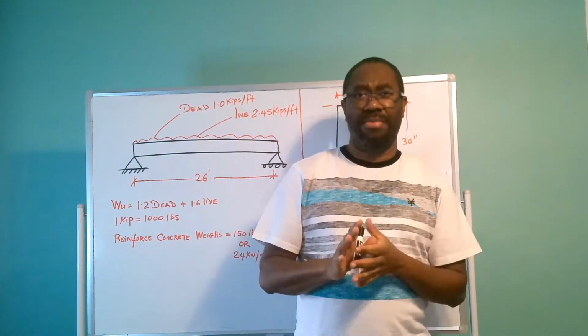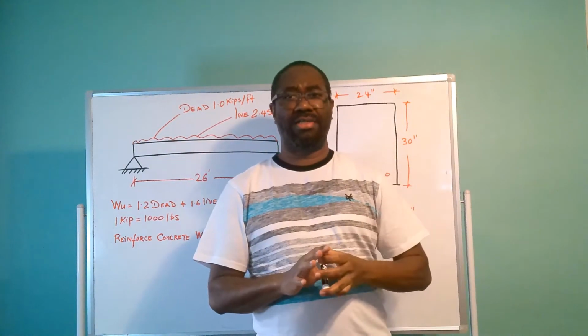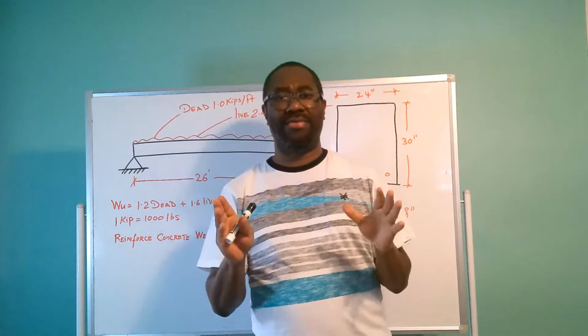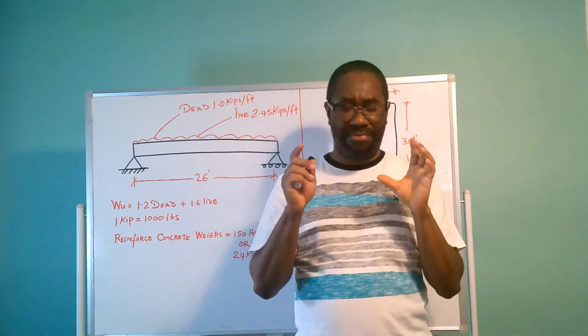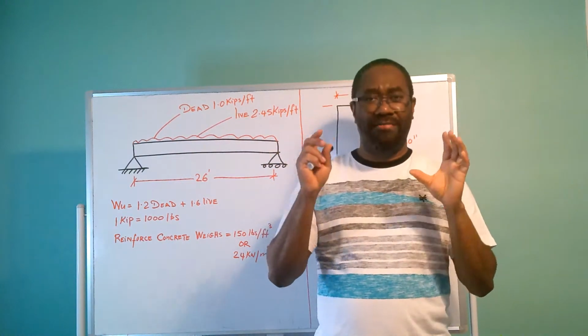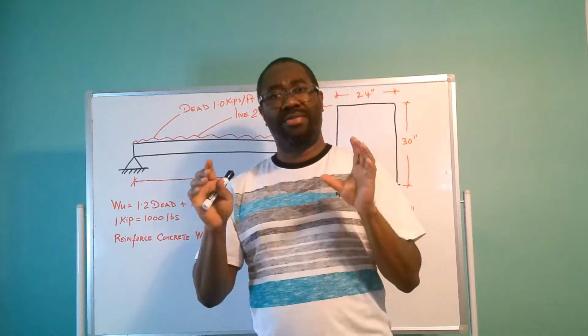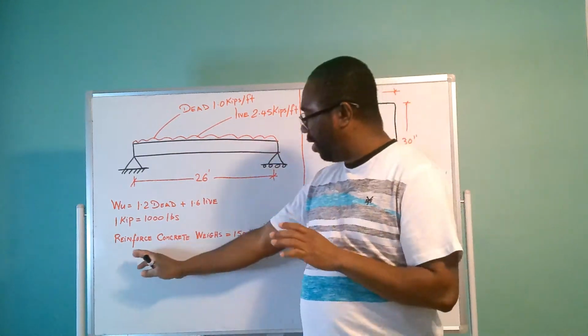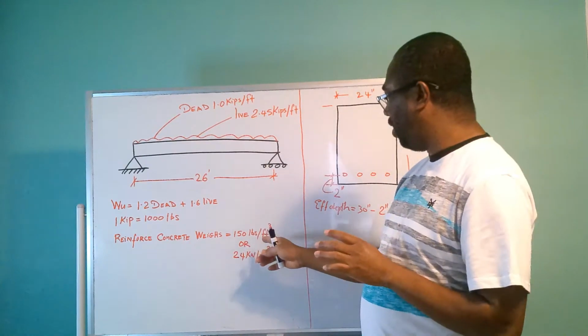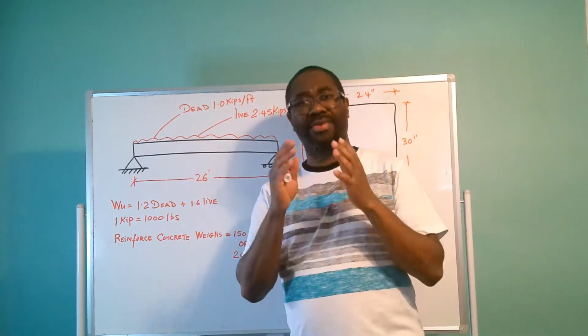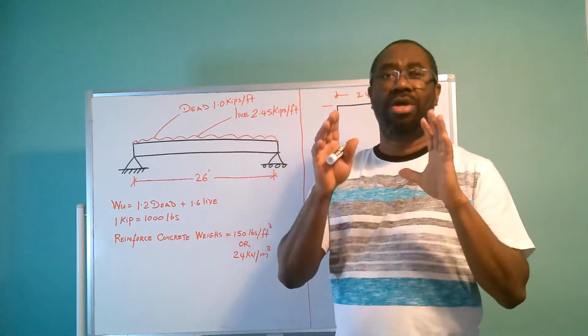The first step in the calculation is that we are going to find the self-weight of the beam. And as I've mentioned to you earlier, reinforced concrete weighs 150 pounds per cubic feet.